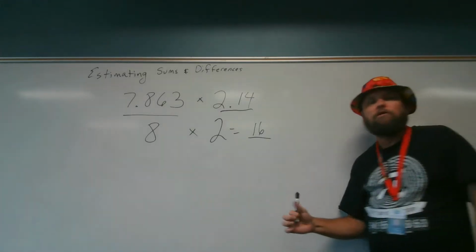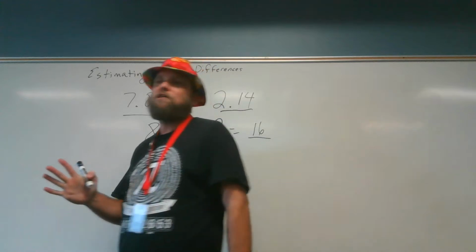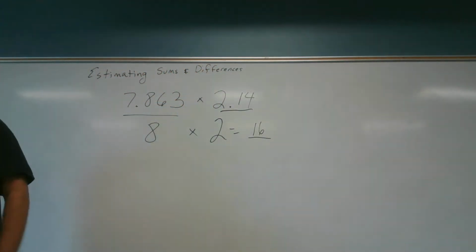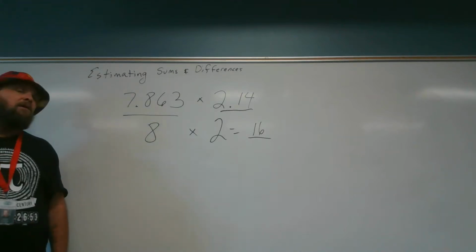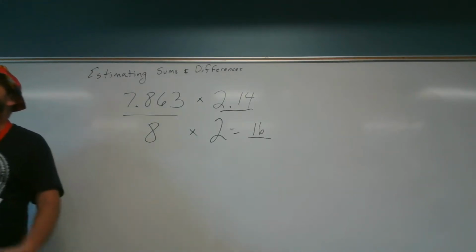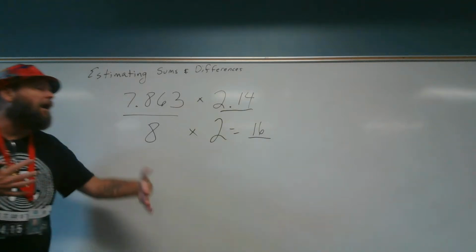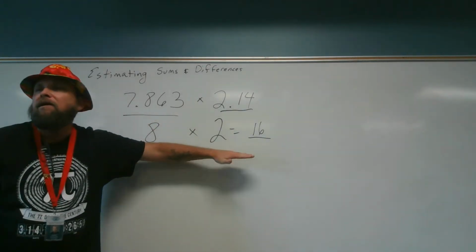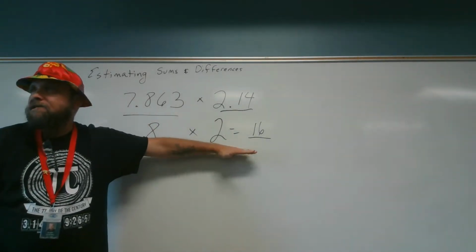Why is this important? That's an excellent question. Reagan wants to know, why do you need to know how to do this? Because when you do a problem, I know my answer needs to be near 16.